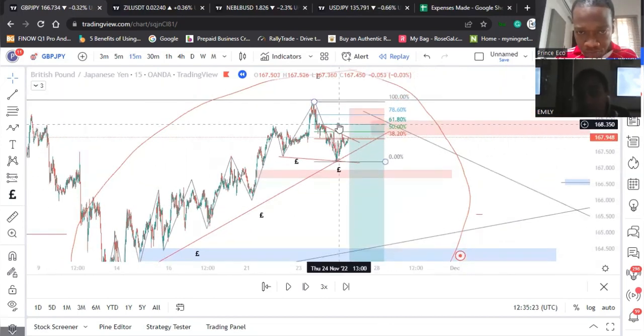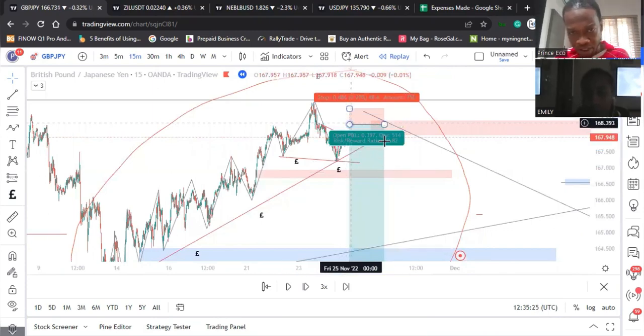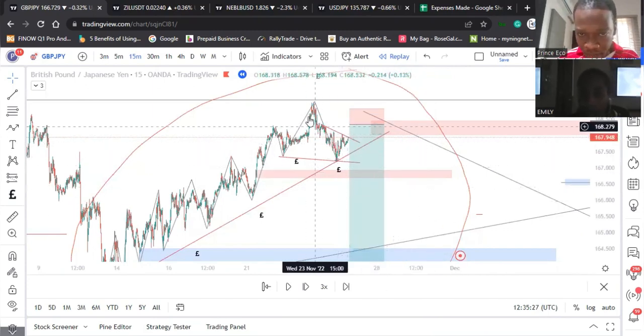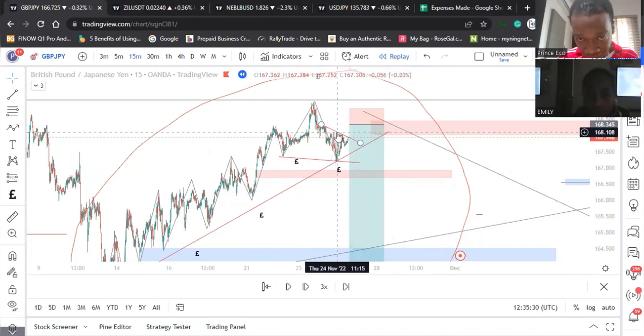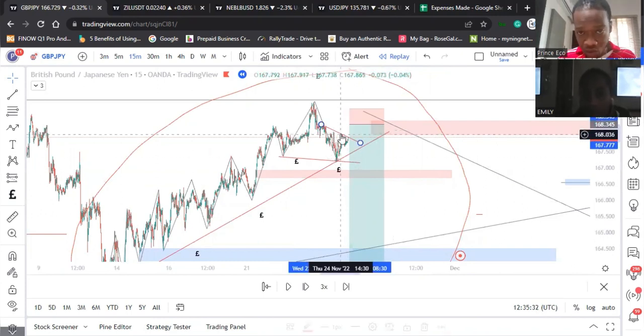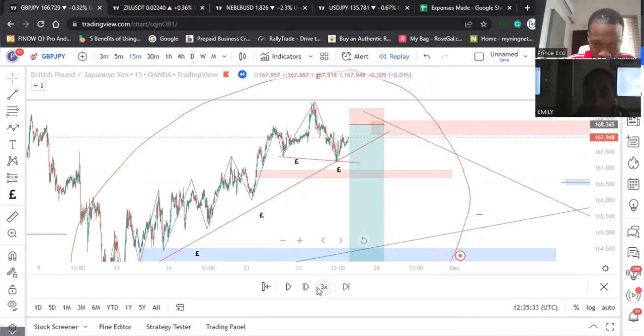At this point, I've placed my pending order. I'm expecting the market to come and sweep out this liquidity first. Let's see how it goes. So we move like this.